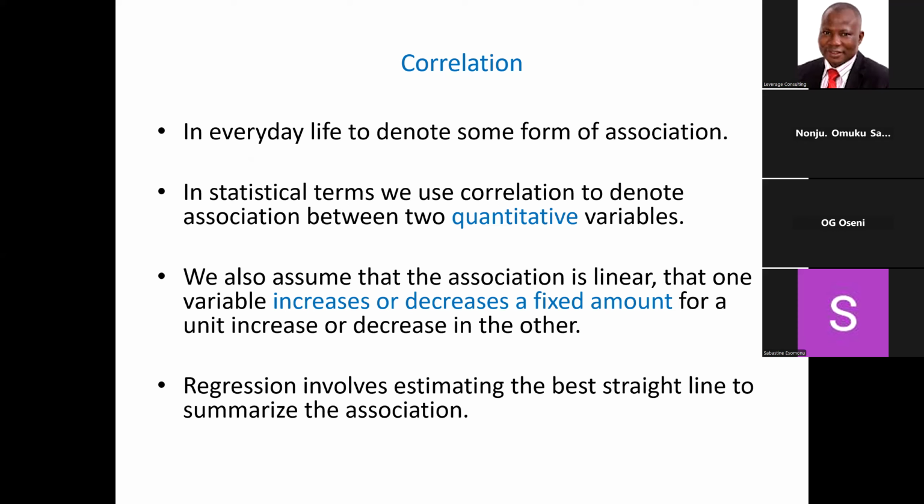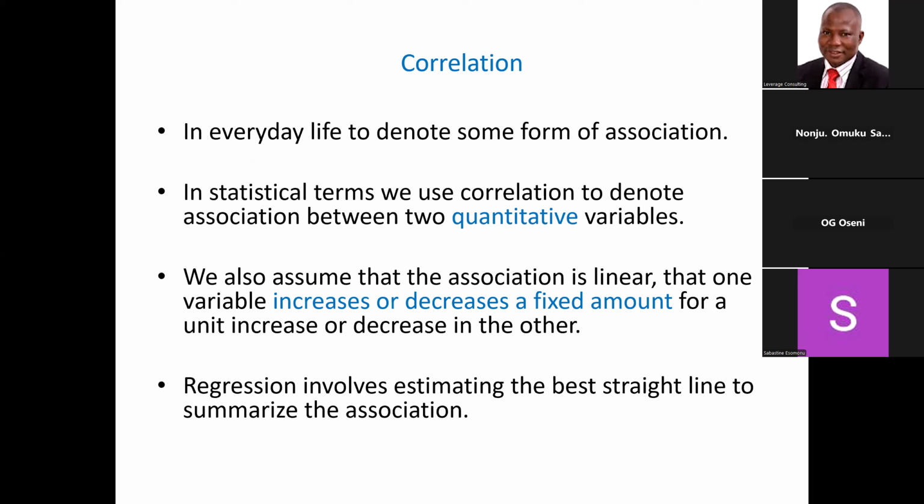If you watch 2, you buy 6 packets. If you watch 3, you buy 9 packets. Can you see now? As one increases by a fixed unit, the other increases by a fixed amount. That is the meaning of linear association. So correlation is looking at the degree of linear association between two quantitative variables.